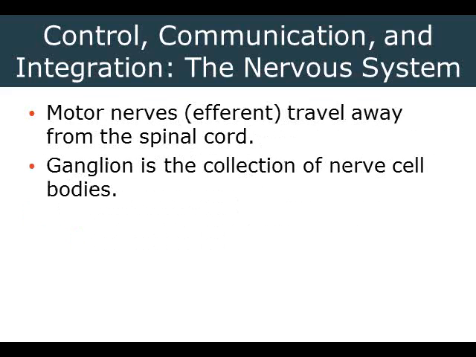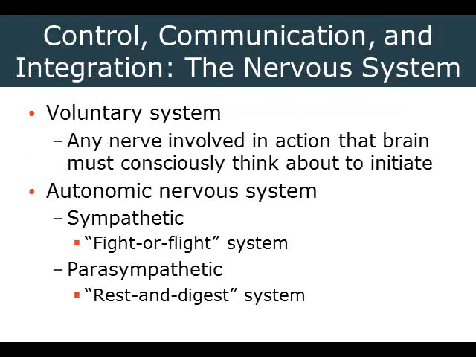And a ganglion is a collection of the nerve cell bodies. So we have ganglions along the edges of the spine, and those ganglia are kind of a meeting area where the messages can all be sorted out.